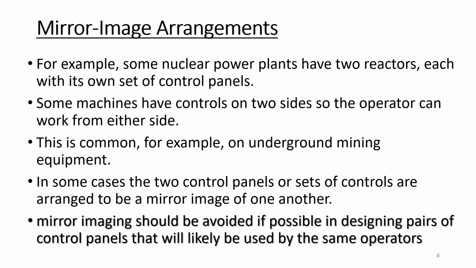So this result shows that mirror imaging should be avoided if possible in designing pairs of control panels that will likely be used by the same operators, because it can lead to ambiguity, and it can lead to operators pushing the wrong button.